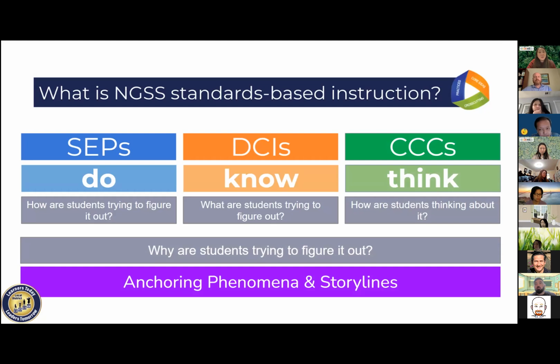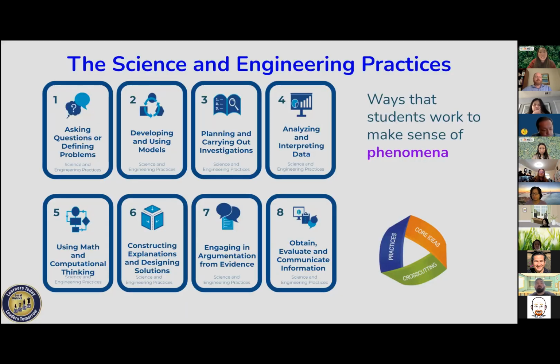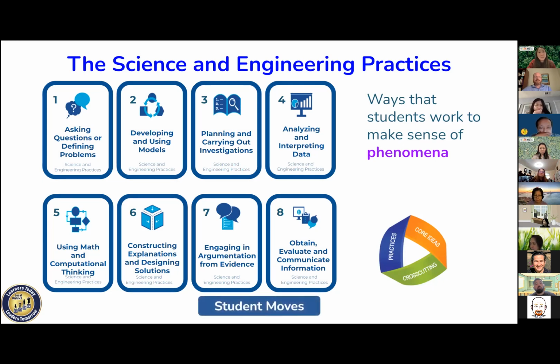Connecting this then to just the science and engineering practices, we have 8 across grade levels, K through 12. So these are the ways that we really want our students to do the science, right? We want them to ask questions, define problems, SEP 2, develop and use models. And the core 3 that we're really going to be looking at in LD East are, on the next slide, we have SEPs.